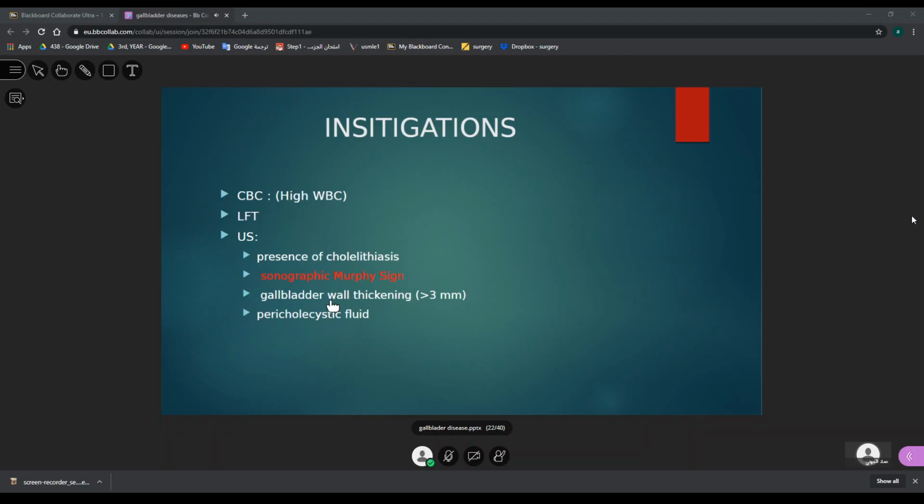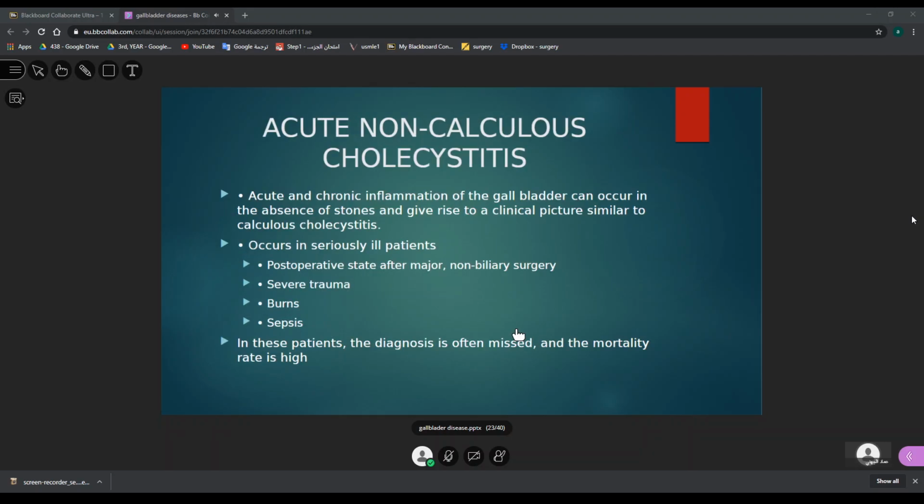So hepatorenal is kidney and liver. It's not kidney and gallbladder. It's liver and gallbladder. Okay.